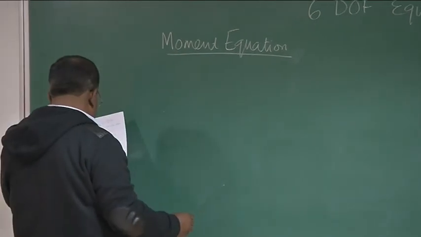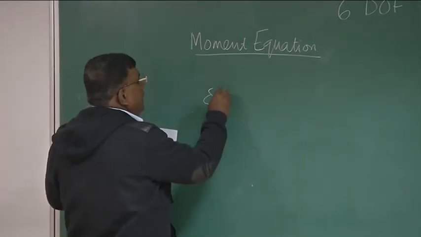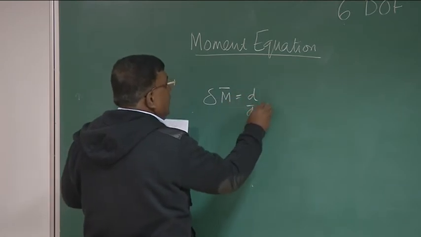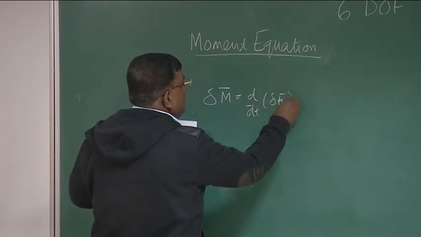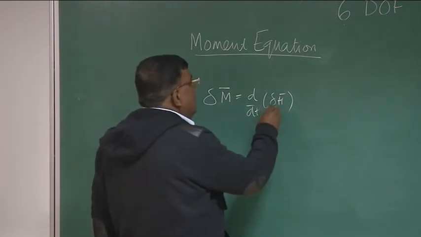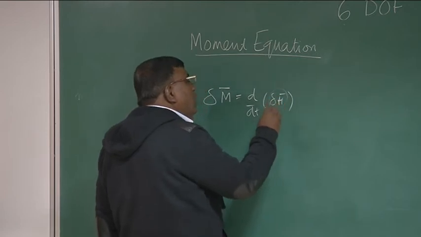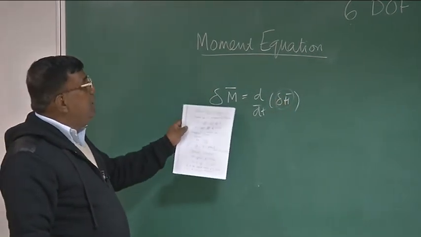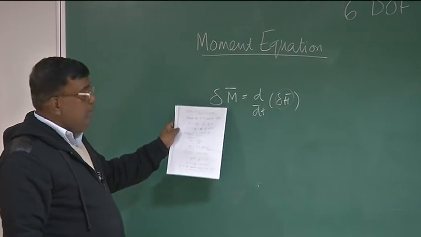What was the moment equation? Again, delta m equal to d by dt of delta h. So recall what is delta h? Delta h is the elemental angular momentum, which is caused by the moment acting on that element, right.